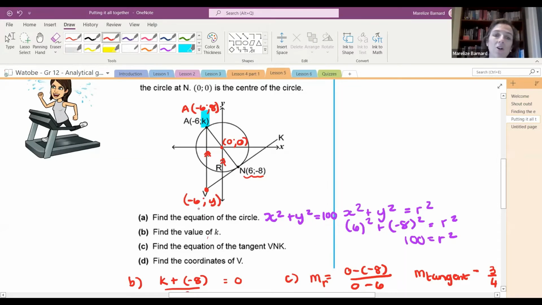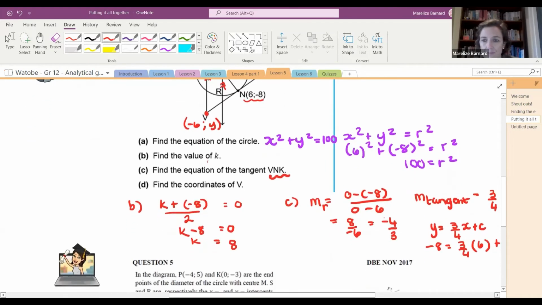Okay, now how are we going to find the y coordinate? That bit of thinking helped us with the x coordinate. How do we find the y coordinate? Well, V lies on this line of which we found the equation, V and K, in the previous question. So if we have an x coordinate, we can sub it into that equation and find our y coordinate.